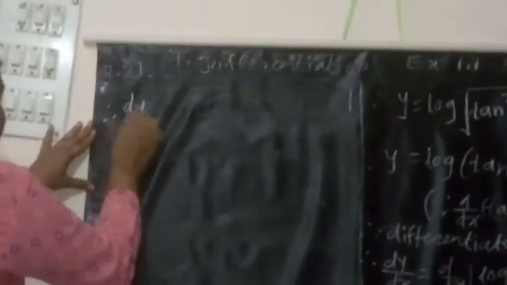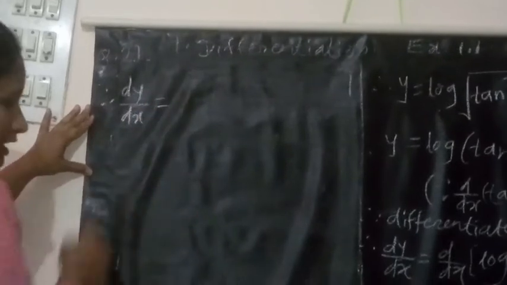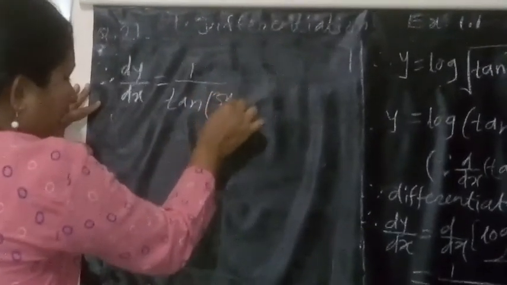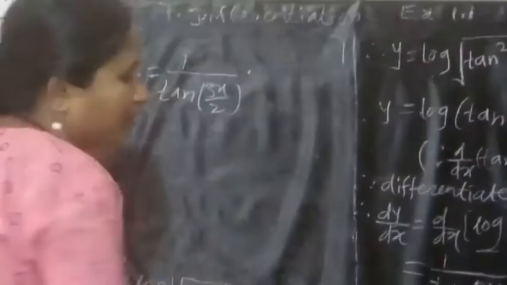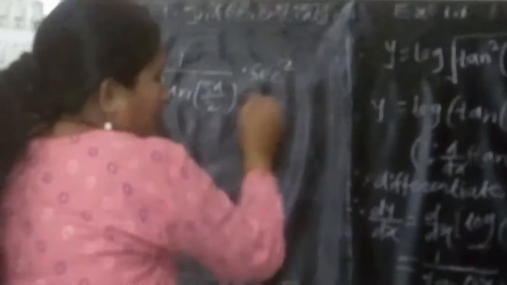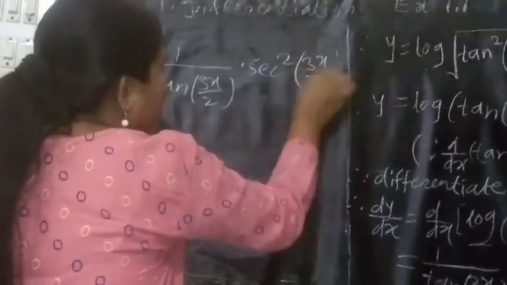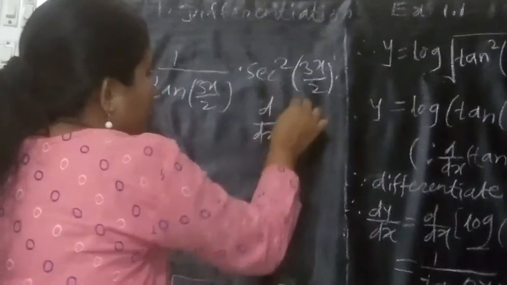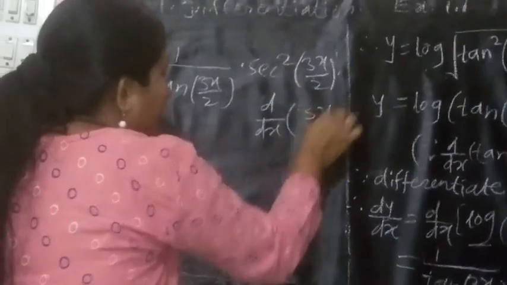Therefore, dy by dx is equal to 1 upon tan 3x upon 2 sec square 3x upon 2 and derivative of this term 3x upon 2.